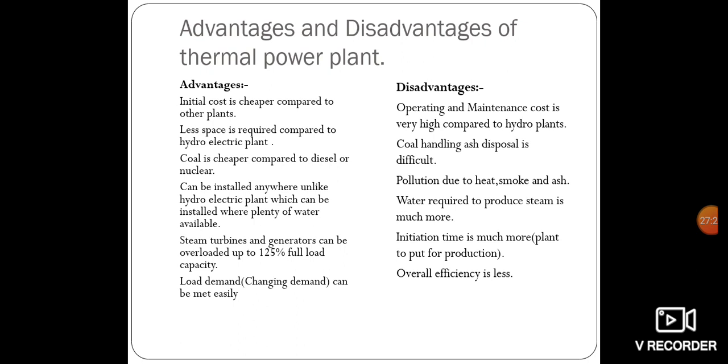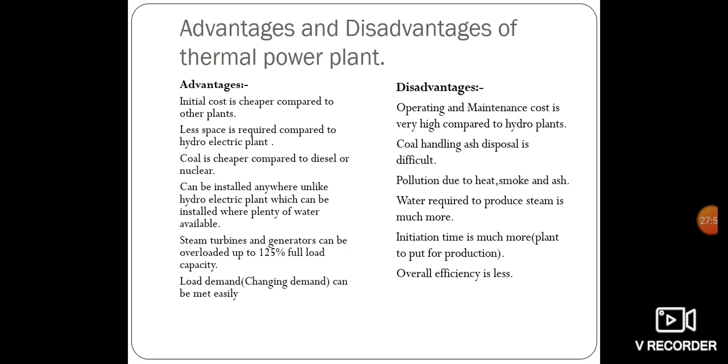In coal thermal power plants, you first have to handle the coal, its storage, and also the ash produced after the combustion of coal. So this is a very difficult task. Pollution due to heat, smoke and ash: not only is handling coal and ash difficult, it also creates pollution due to heat, smoke and ash.